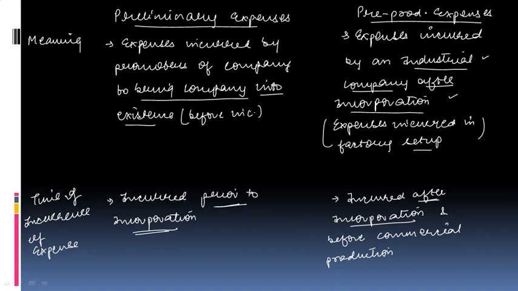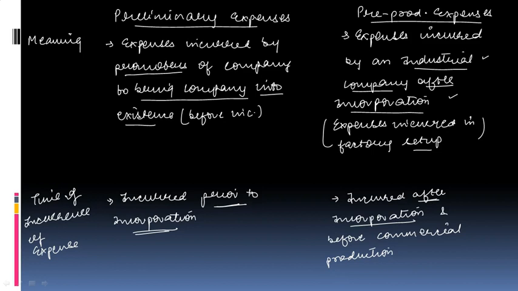Yes, please. If I talk about the preliminary expenses, they are taken up by the promoters, those expenses which are borne by the promoters itself. You can pause over here, beta.